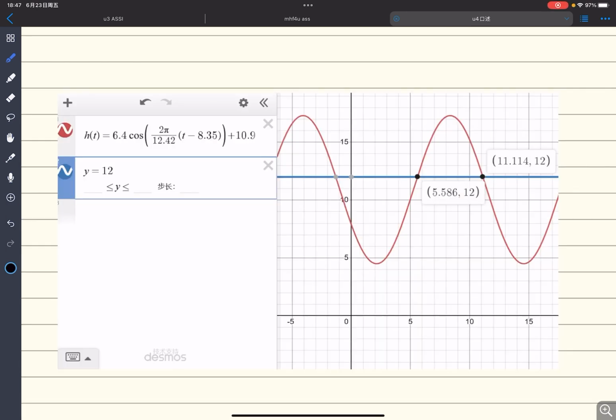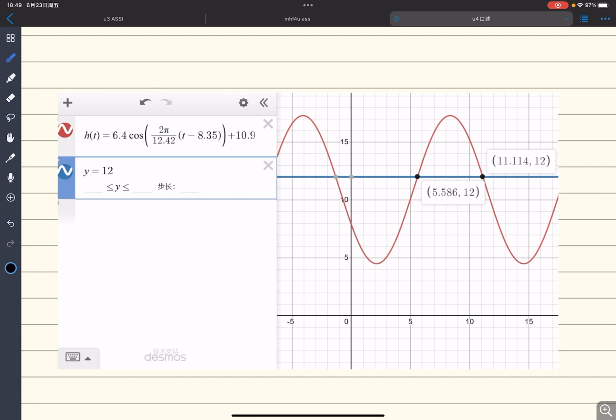Now let's talk about question D. We can use Desmos to solve this problem. As you can see, I graphed y equals 12 and the equation of the model of tidal heights. The boats need a depth of at least 12 meters to dock at the dock.